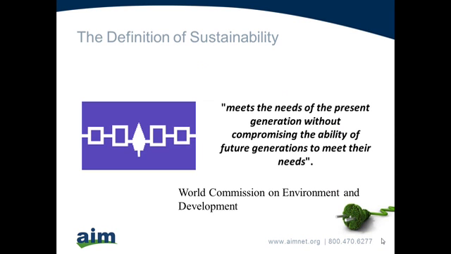So we've all likely seen the World Commission on Environment and Development, or the Brundtland Report, definition of sustainable development, which meets the needs of the present generation without compromising the ability of future generations to meet their needs. This is in line with the Iroquois Nation's 7th generation philosophy, and I know I've mentioned this before, but it's worth bringing up.